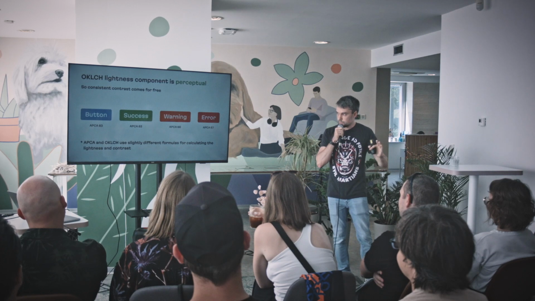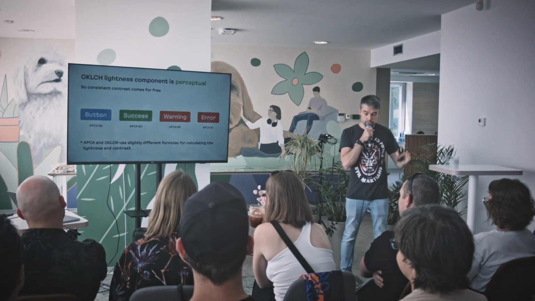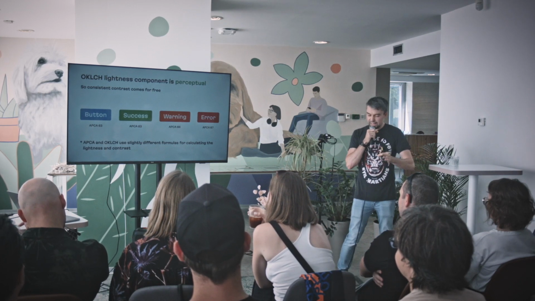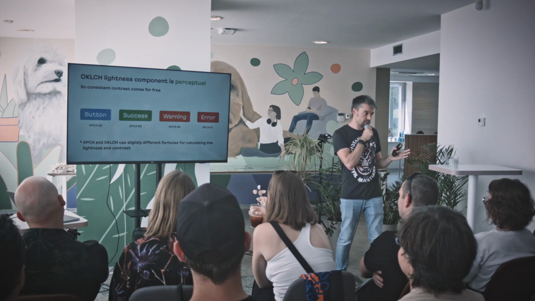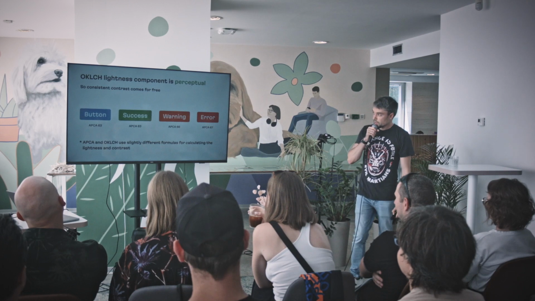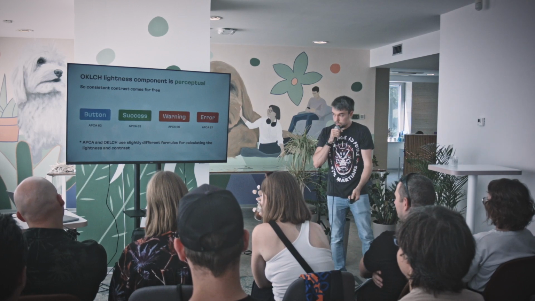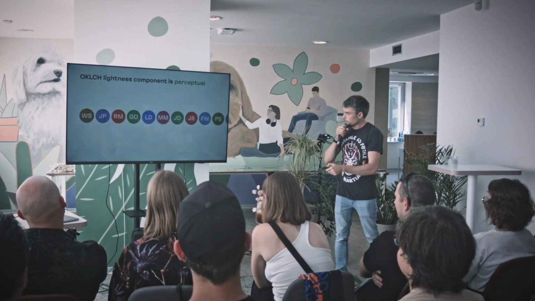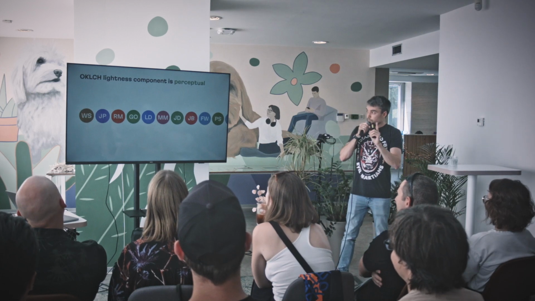Everything is a question of math and calculation, and APCA uses a slightly different model than OKLCH, and that's why the value fluctuates a little bit. But anyway, that's quite good.